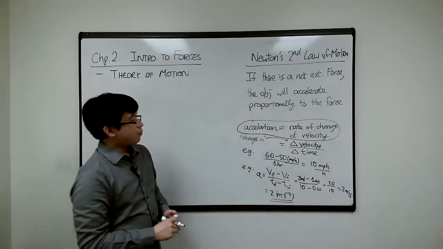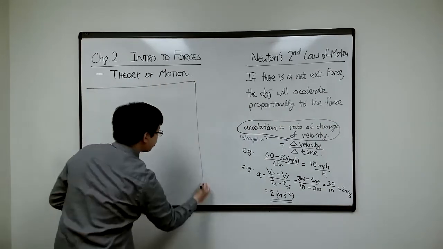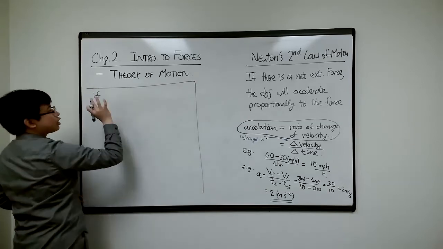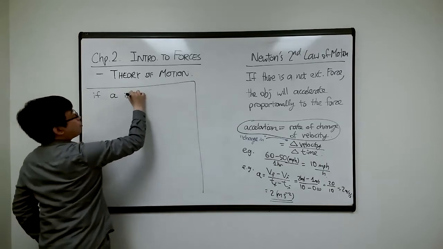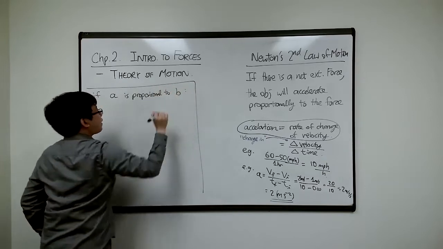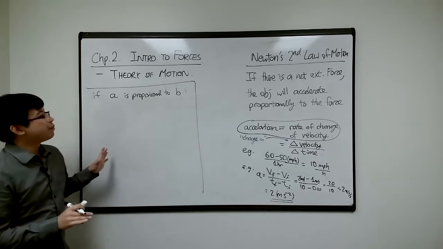Okay, now what is proportionality? Just to remind you, hopefully you remember that. If I have two quantities, let's say A is proportional to B. Now remember I said mathematicians are lazy animals, so we invent symbols for everything.